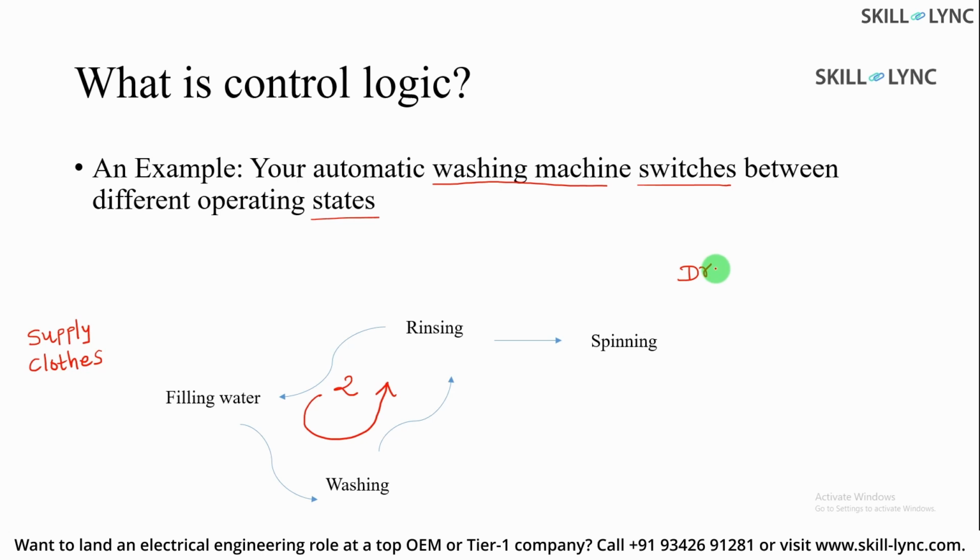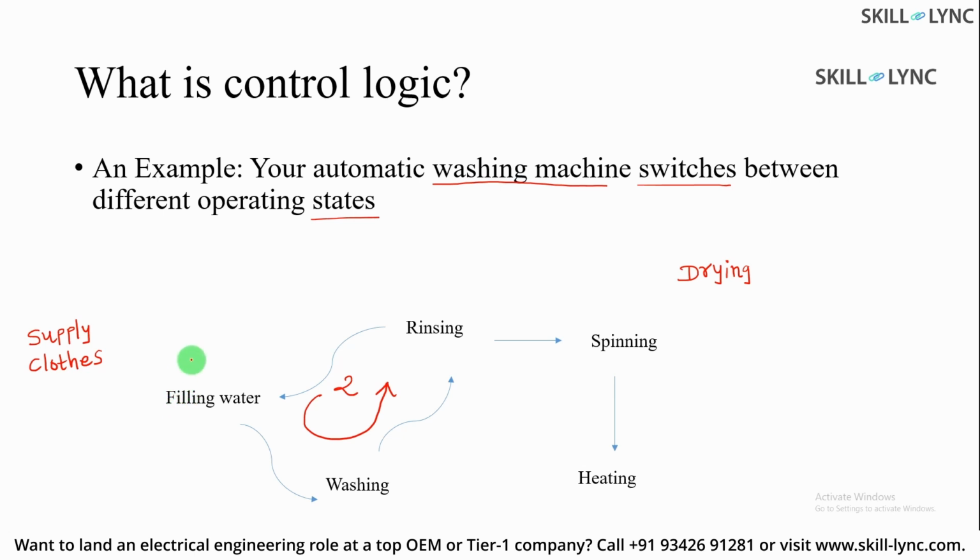For drying out the clothes, the spinning is going to occur, and this may require some hot air or some kind of heating. This is the overall control logic of a washing machine. These are all called the states or the operating modes.